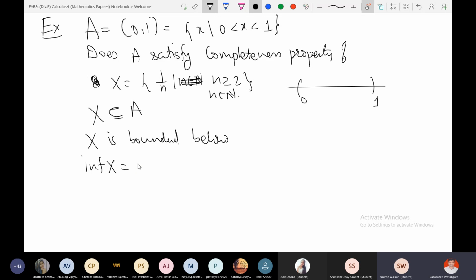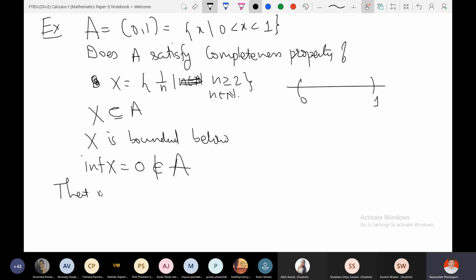We just proved it in the previous problem. It is 0, which is not a member of set A. You understand? What is the conclusion? Now our space is this interval (0, 1), A. Then it has a subset which is bounded below, but its infimum is not in that space.